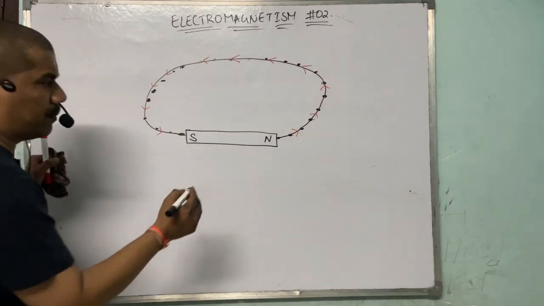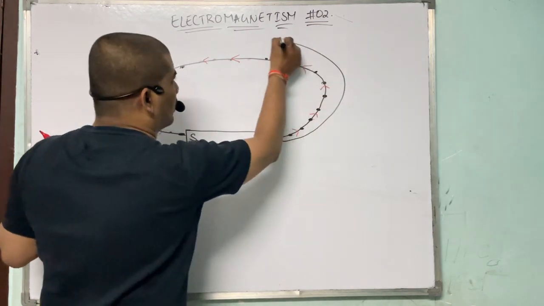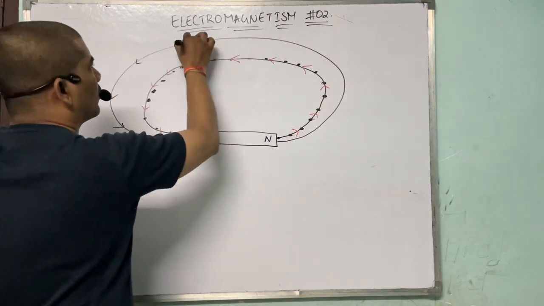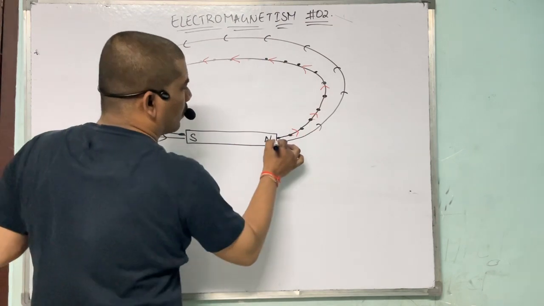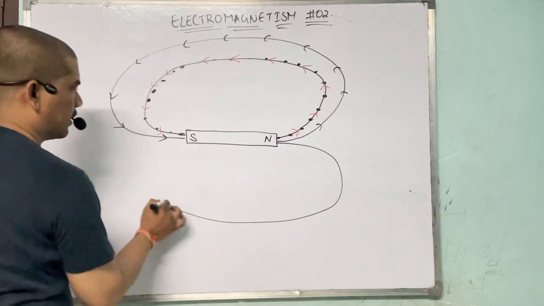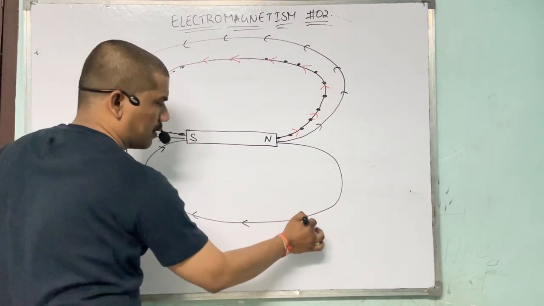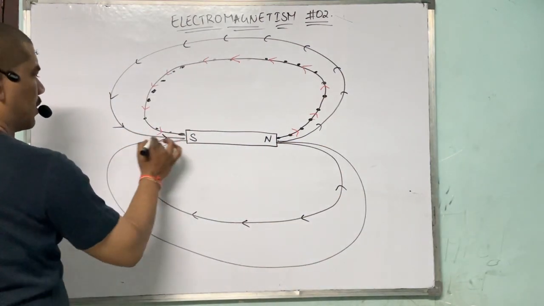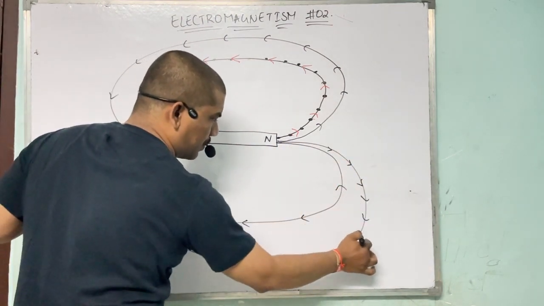Now next, keep the magnetic compass here and keep on following the same way as we did just now. You'll get one more like this. One more you can get like this, and here also you'll get like this. Getting the idea everyone? So we'll get something like this when you keep on doing this experiment.